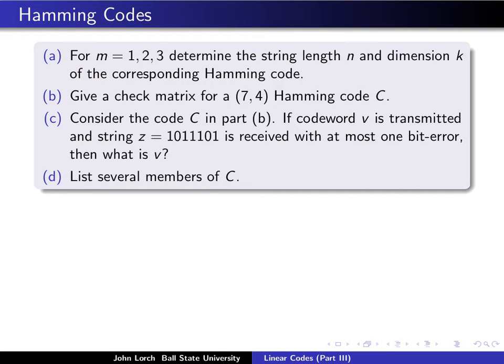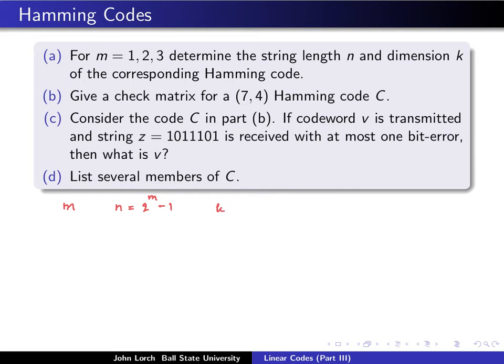So here we finish this video with an example about Hamming codes. So in part A, we are given a few values of m, and we're asked to determine the string length n and dimension k of the corresponding Hamming code. And here maybe the best thing to do is just simply make a table, right? So here we have m, and then remember n is 2 to the m minus 1.